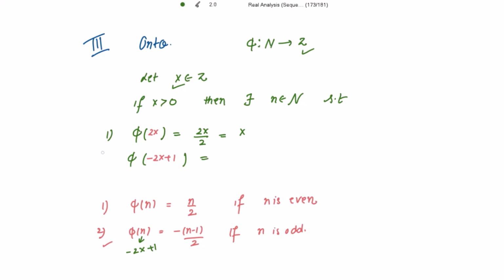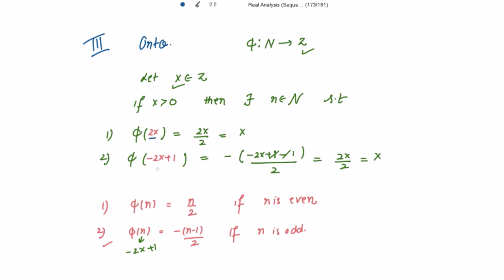So for odd natural numbers, phi of n is negative of n minus 1 divided by 2. So phi of minus 2x plus 1 is equal to negative of, just put the value here, n. That is minus of (minus 2x plus 1 minus 1) divided by 2. So that is equal to, this 1 will go, and we are getting positive 2x divided by 2, that is equal to x.